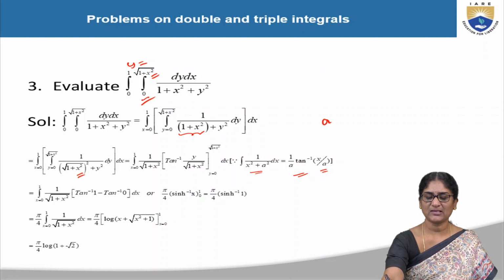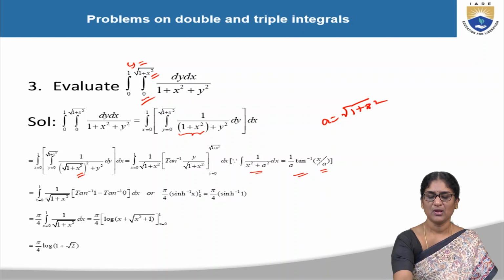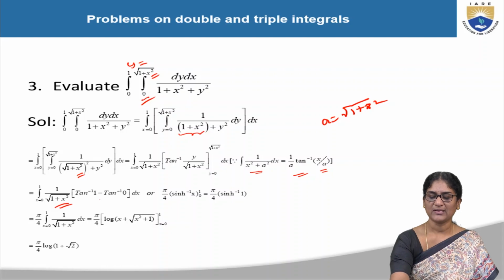Here a is nothing but root of 1 plus x square. So 1 by root 1 plus x square tan inverse x by a.